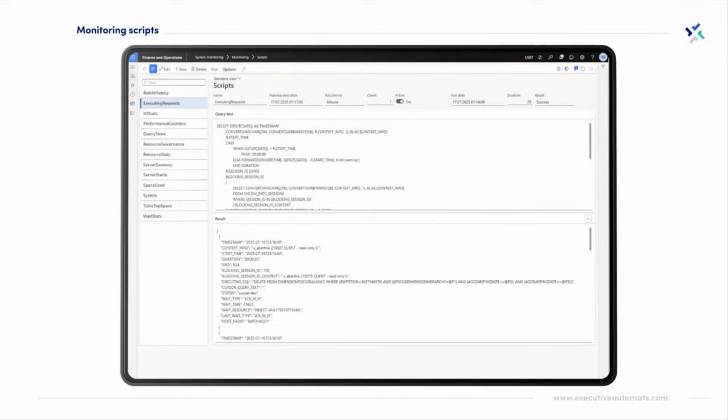Such a script can retrieve performance-related data from SQL, but also business metrics, for example the number of processed sales orders, or the status of integration with external systems. We can also define an alert for any metric, which will notify us automatically in case of slowdowns or problems with key processes.